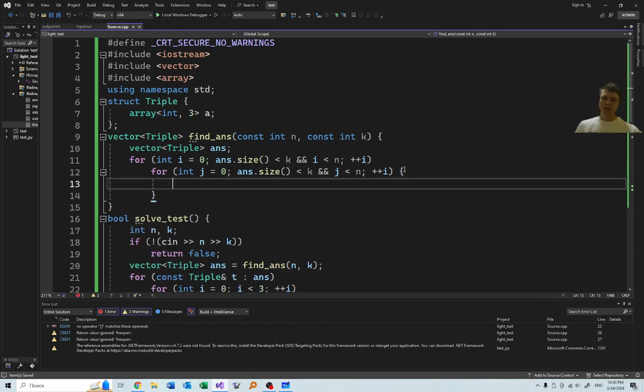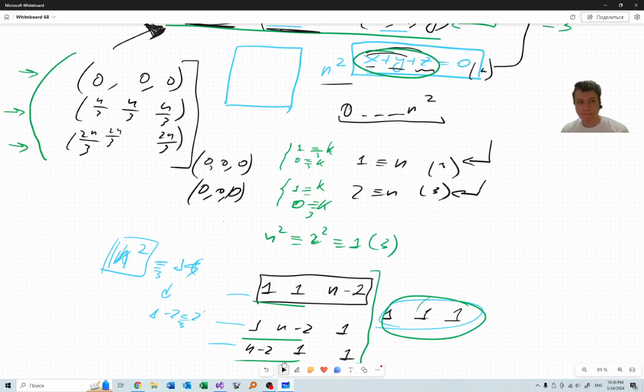Okay. So we have numbers i and j. We need to understand, what do we need to do? So basically, when do we take 0, 0, 0?